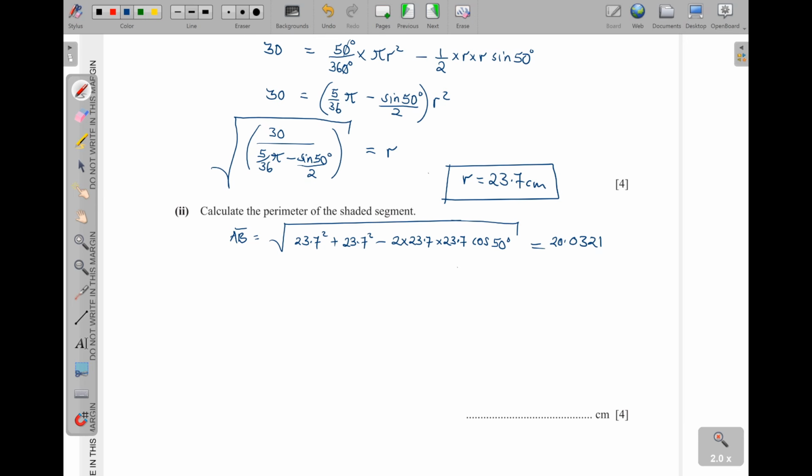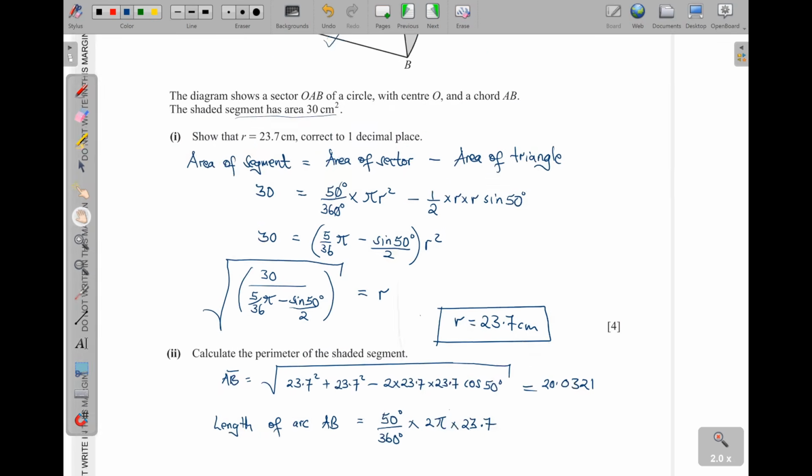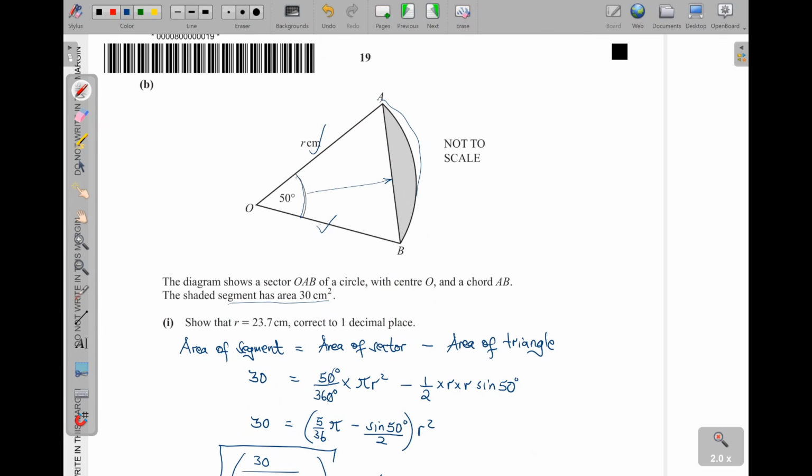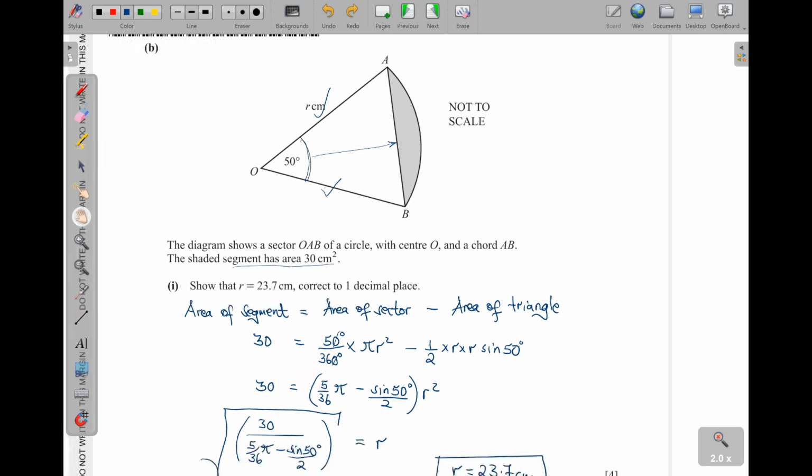And then the length of arc AB: the angle it subtends at the center, which is 50, out of the total angle sum in the circle, then times 2 pi r, and r is 23.7. So why am I using 2 pi r? This arc here is part of the circumference of the circle, so it's a portion of the circumference. Therefore I use the expression for the circumference of a circle, which is 2 pi r or pi d.